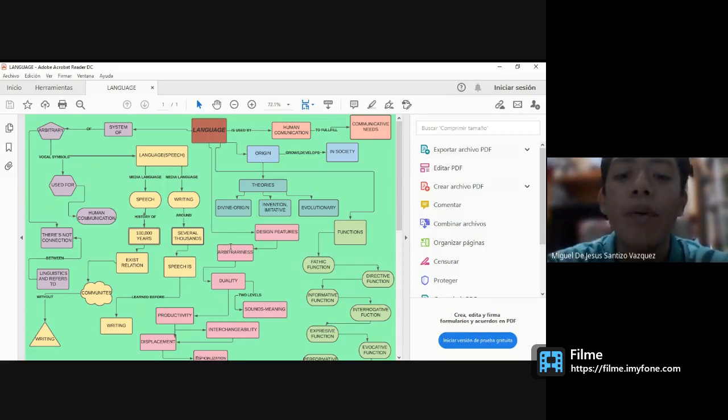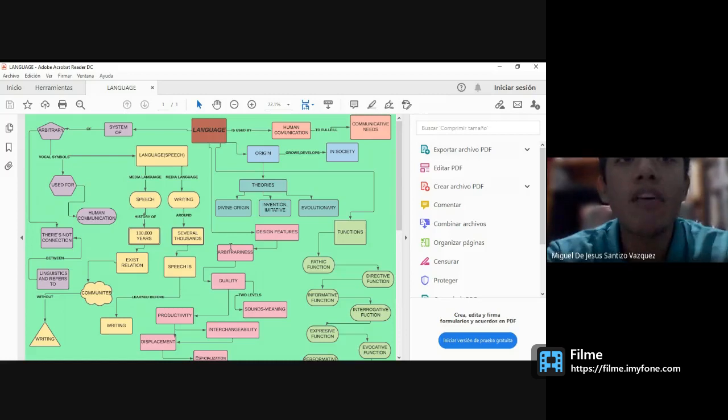For example, we have the phatic function. In functions, we can find what we use in daily communication in our daily days. For example, the phatic function is to establish communication with others, to ask how are you today, or to know his or her state of mind or health, even to express goodwill.